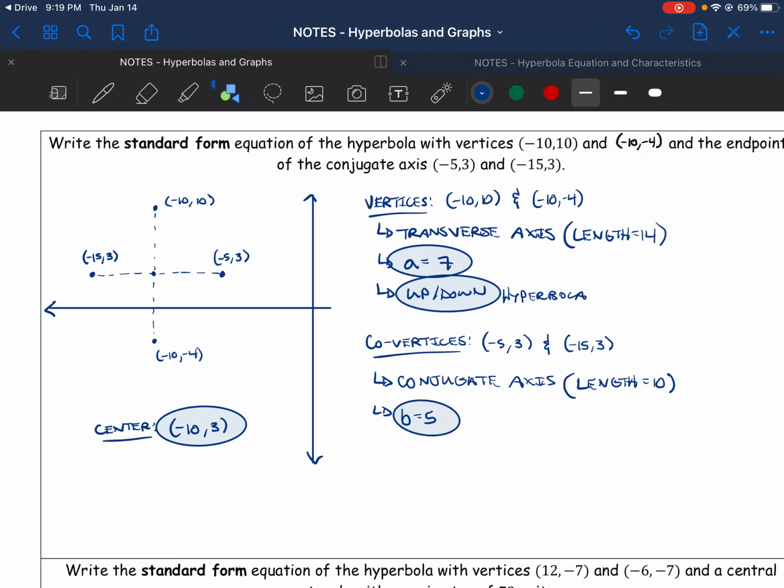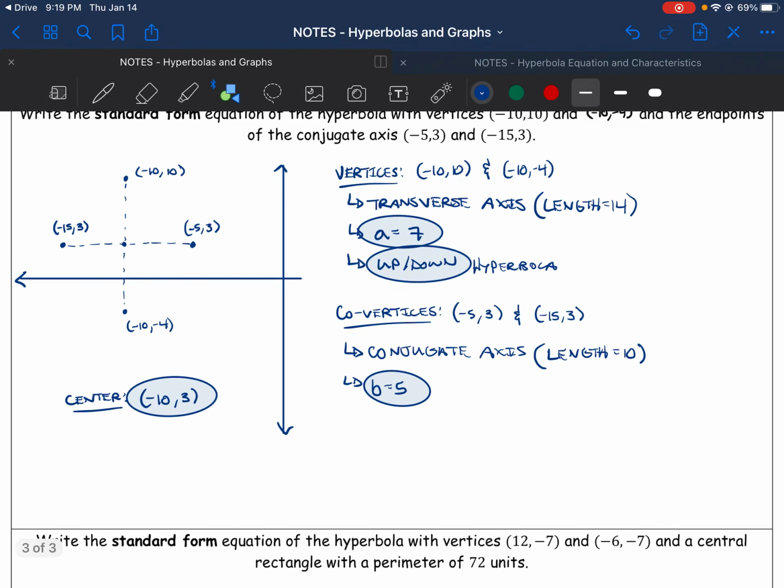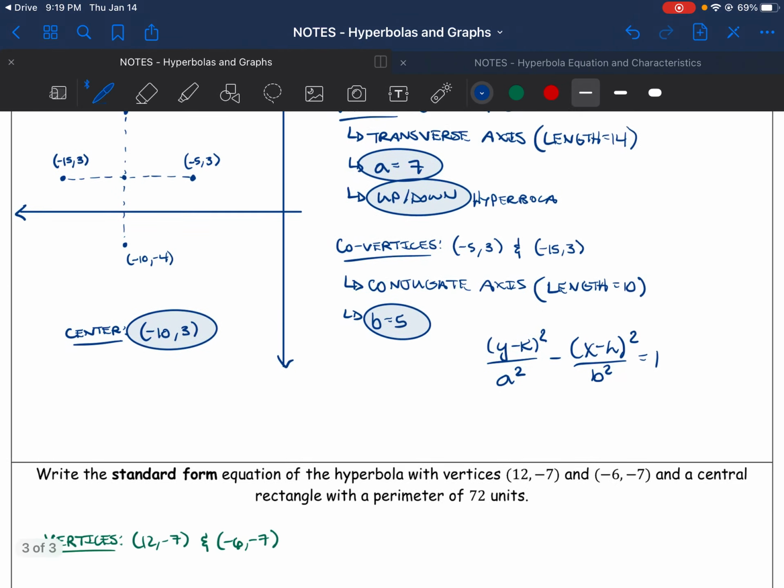And now we have everything that we need to go ahead and write the standard form equation. The standard form equation for a hyperbola that opens up and down is going to be y minus k squared over a squared minus x minus h squared over b squared equals 1.